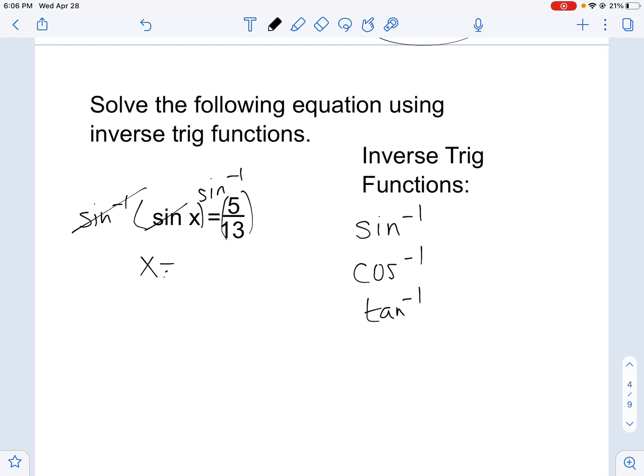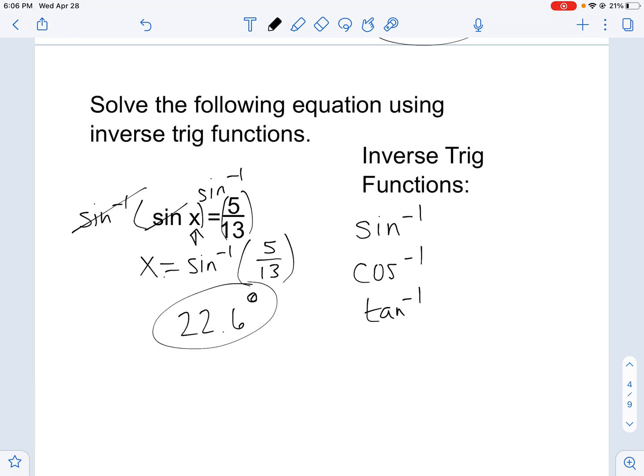So we're left with x equals sine inverse of 5 over 13. Now that I can put in my calculator. So if you have the yellow ones, it's second sine 5 divided by 13. And I get 22.6. Now, this is an angle because it's in the theta spot, so that's why we need degrees.